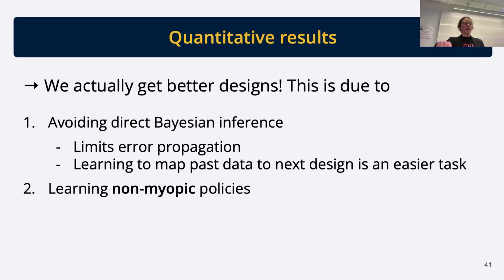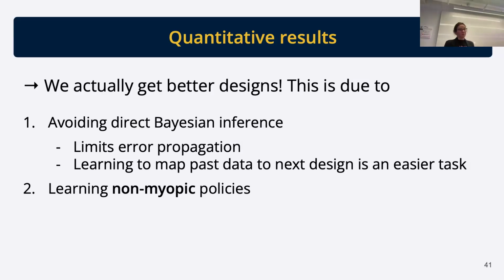We have this T-step loop where at every step we might be making a small mistake, for instance if your MCMC hasn't converged to the correct posterior. So by avoiding this direct Bayesian inference, you're limiting error propagation. And it turns out that, generally speaking, it might be easier to learn to map from past data straight to the next design, as opposed to going through a posterior approximation and this EIG optimization.